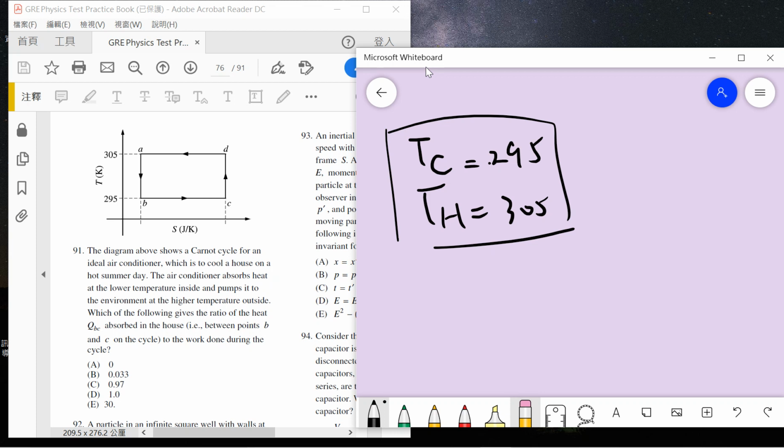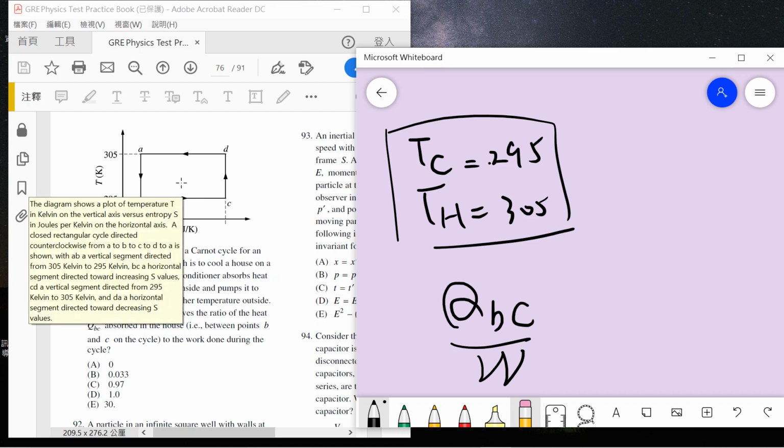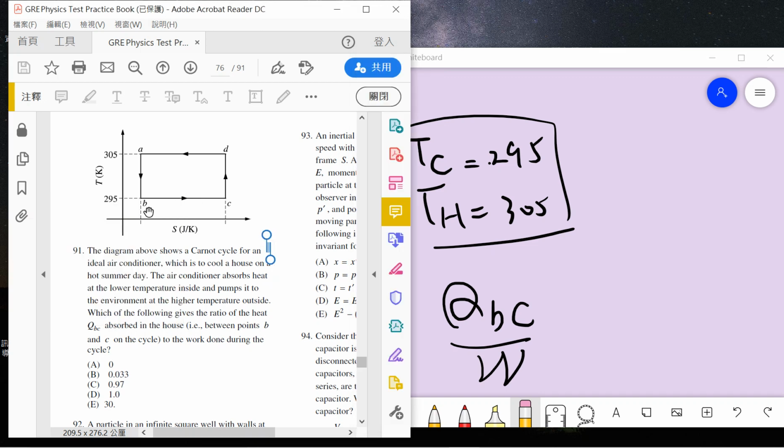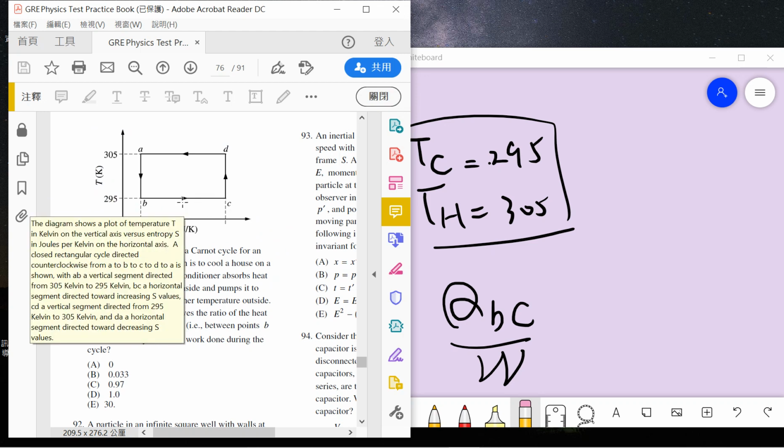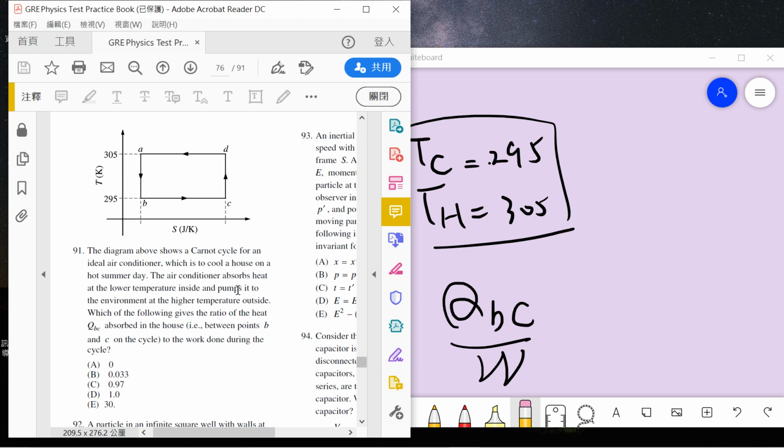Now, which of the following gives the ratio of heat QBC to the work during the cycle? So what's QBC?